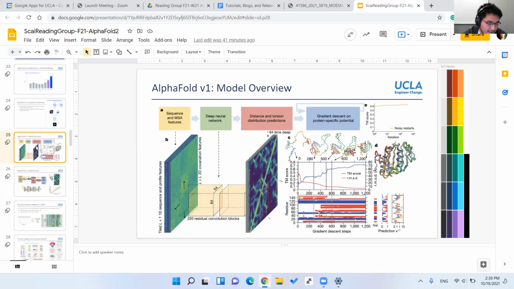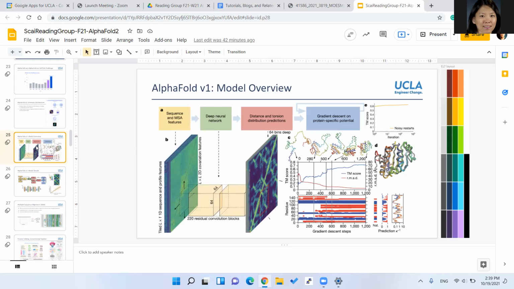I think I checked a long time ago. I think they're using one of the two carbon atoms, the alpha carbon or some certain carbon, as the representation of the real absolute location.